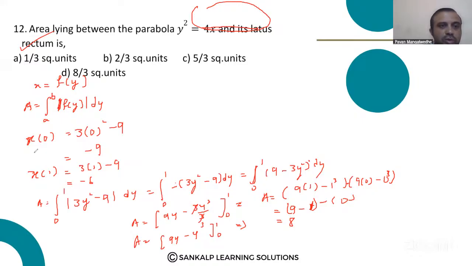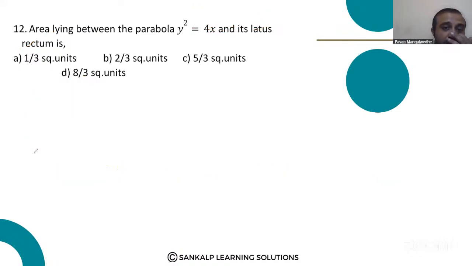Next question is about the area lying between the parabola y square is equal to 4x and its latus rectum. Area lying between the parabola y square is equal to 4x and its latus rectum is 1 by 3, 2 by 3, 5 by 3 and 8 by 3 square units. Which option is correct?